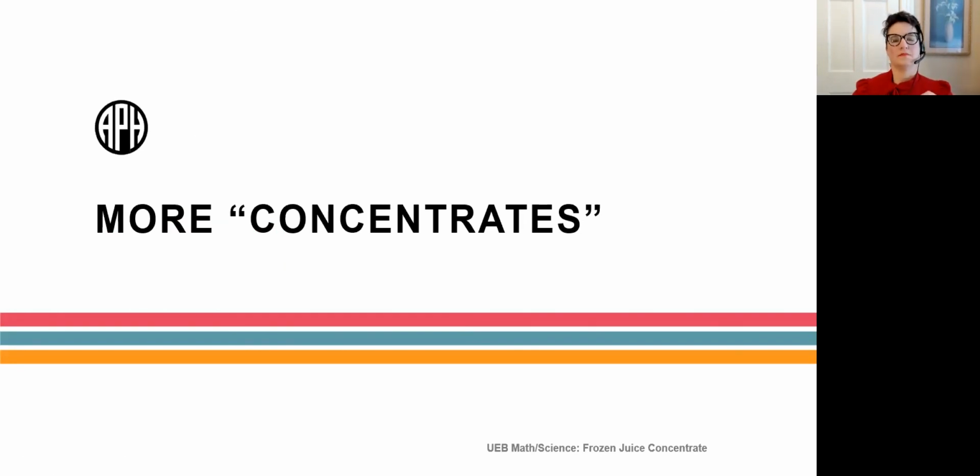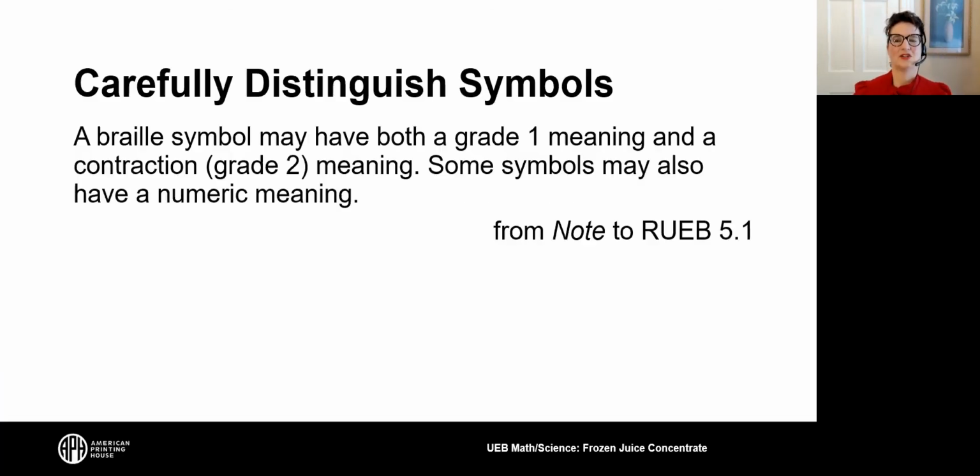Here's where we're going to zoom a little bit and really concentrate just quick notes about some UEB materials. We've touched on this when we were talking about grade 1 mode, whether we do it with symbol indicators or passage indicators. One of our very first concerns when transcribing, especially a UEB Math Science document, is that we want to carefully distinguish our symbols.